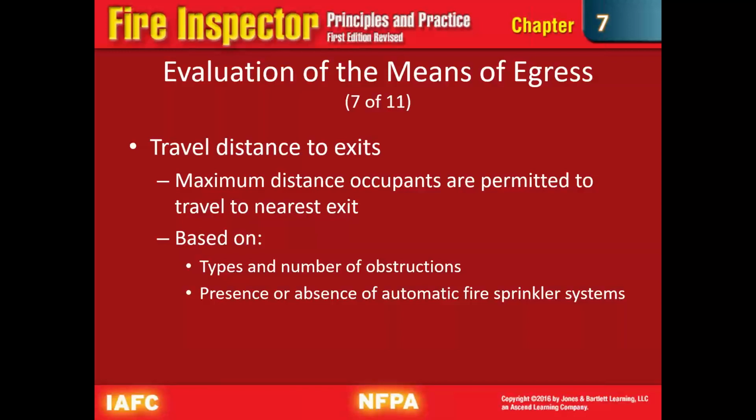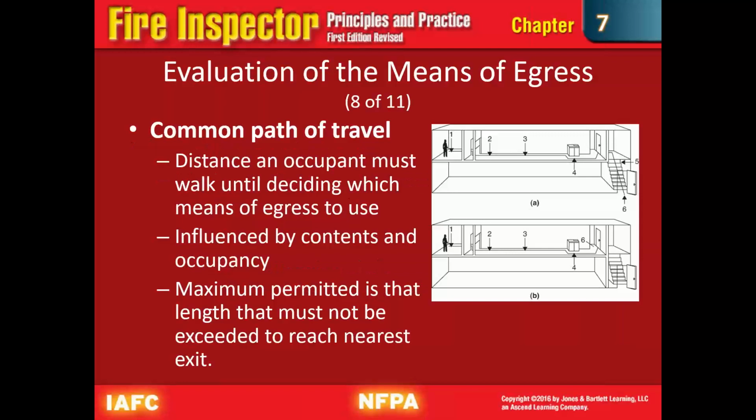And then also, if there's a fire or some other situation that prevents you from using that particular exit or set of exits, then you have a backup or a secondary exit point nearby. And it's based on the types and number of obstructions. If they have a sprinkler system, typically you have a little bit more leeway, and you'll see that you gain either a little bit of distance or a little bit more people or a little bit in your factors if you have a sprinkler system in place.